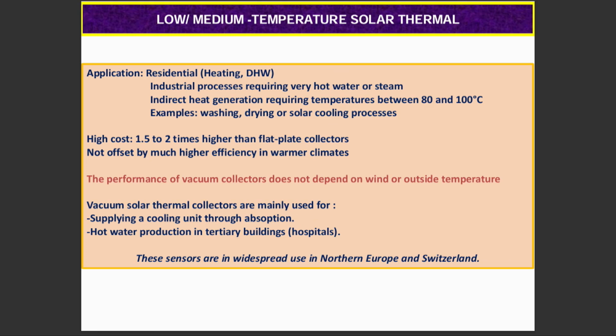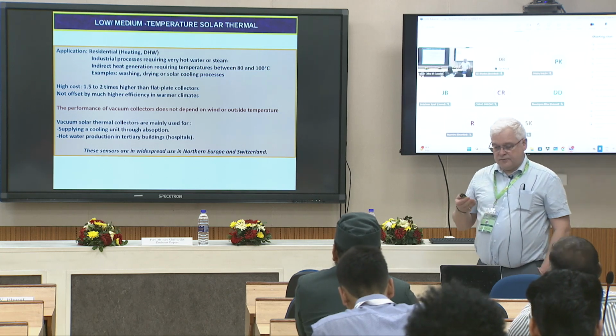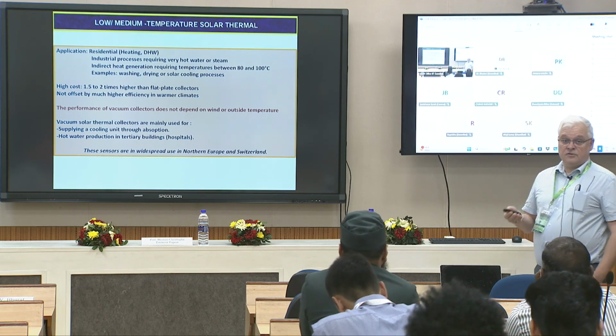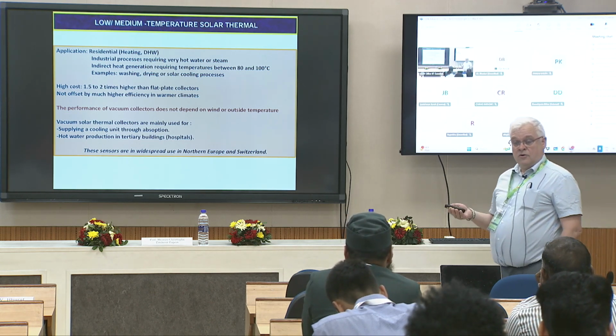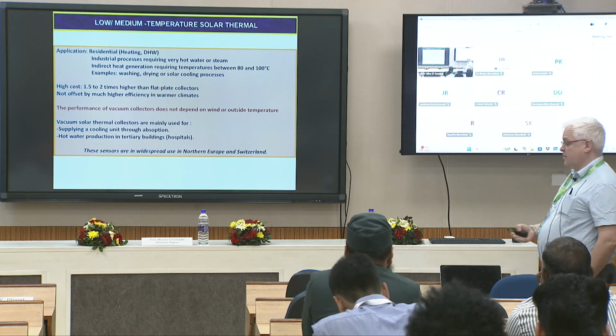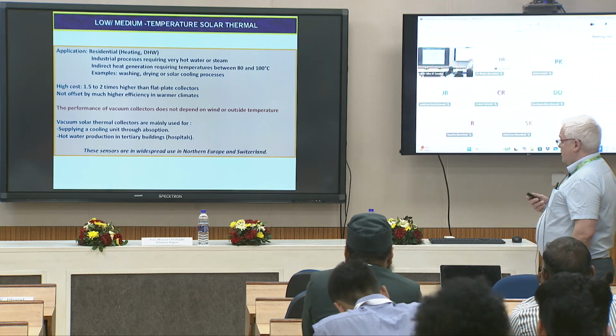Okay. It could be useful also when you have a lot of energy need in terms of temperature, so typically hotels or hospitals that need a lot of hot water and also to cool.